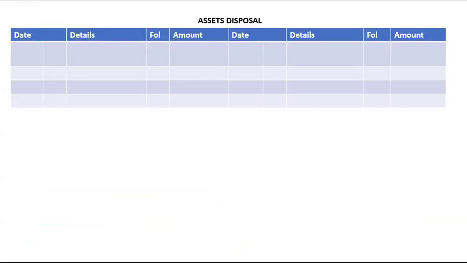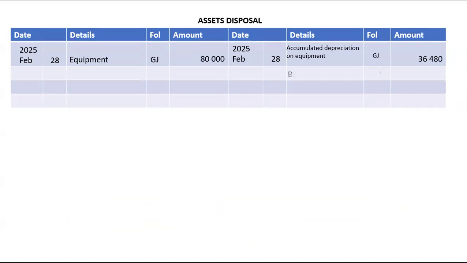You're going to prepare what we call the asset disposal account, which is always the same. You debit it with the cost of the equipment sold, which is 80,000. You credit it with the accumulated depreciation of the equipment sold, which was 36,480. Bank or debtors control or general journal will be recorded on the credit side of this account.